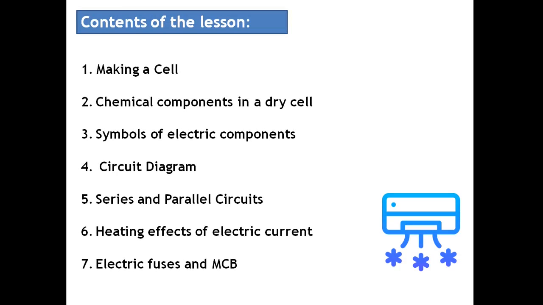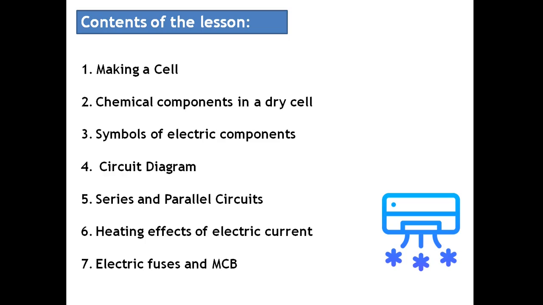In this lesson, we are going to learn about how to make a cell, observing chemical components in the dry cell, symbols of electric components, drawing a circuit, series and parallel circuits, heating effects of electric current, and finally electric fuses and MCB.